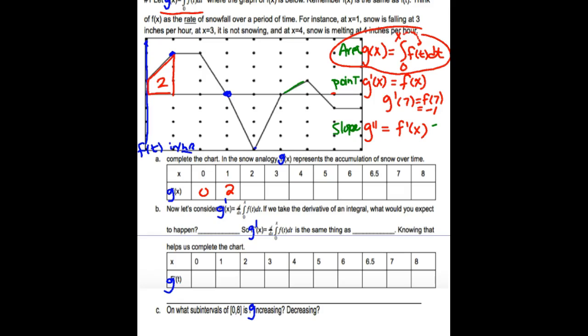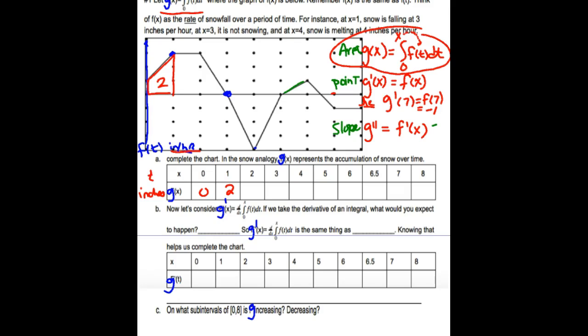So what that means is after 1 second, I have accumulated 2 inches of snow. Because when I did that base times height model again, hours times inches per hour gives me inches. So this really is going to represent inches of snow after this many hours.